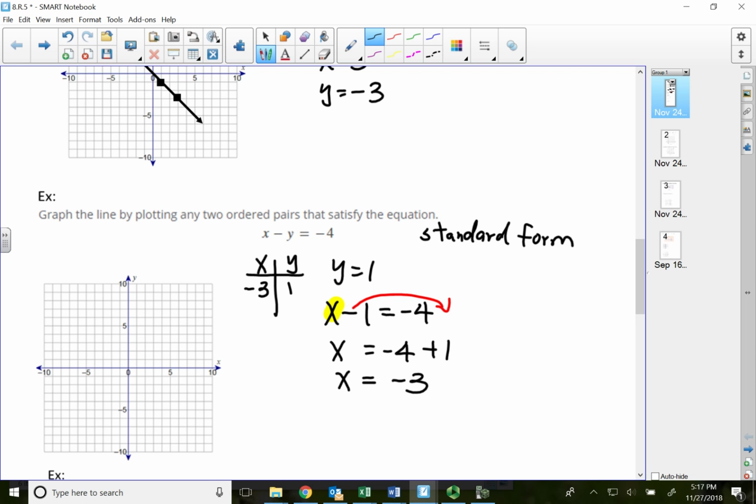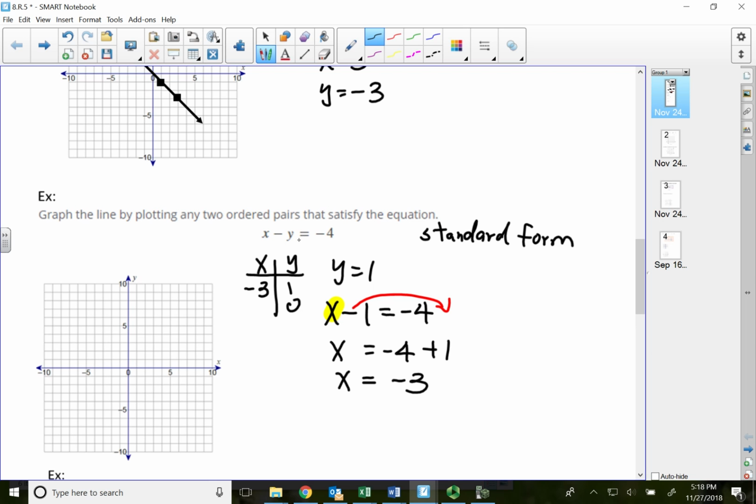Purposely picking for y again. If I want to pick another number for y, what do I pick? Well, anything I want, as long as it's divisible by 1, the number in front of the x. So I'm going to pick 0. I love picking 0. 0 is divisible by 1.